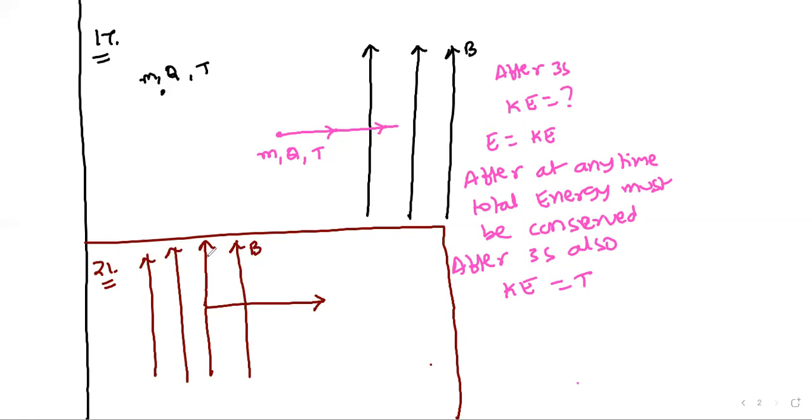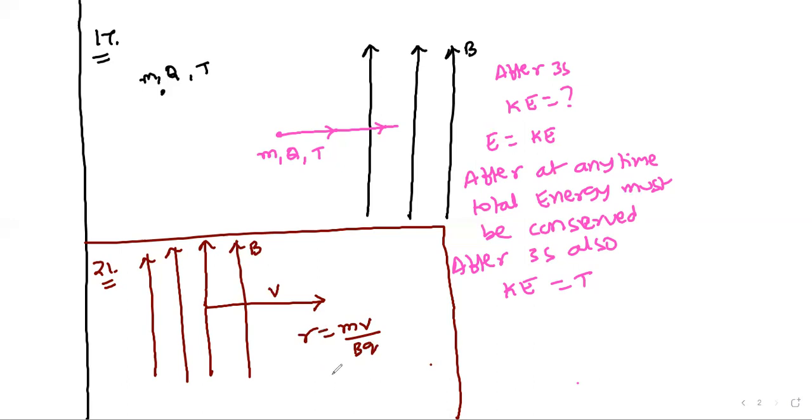I know that it is moving with a velocity v, and v is perpendicular to the field. So we can say that the radius of the circular path is r equal to mv by bq.